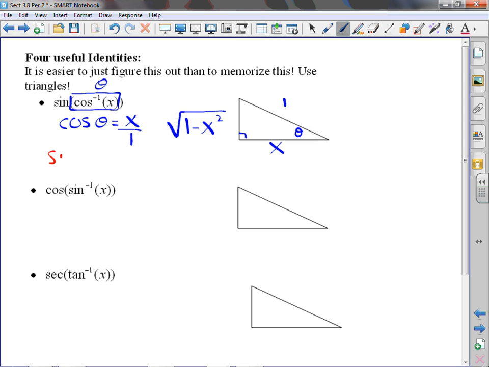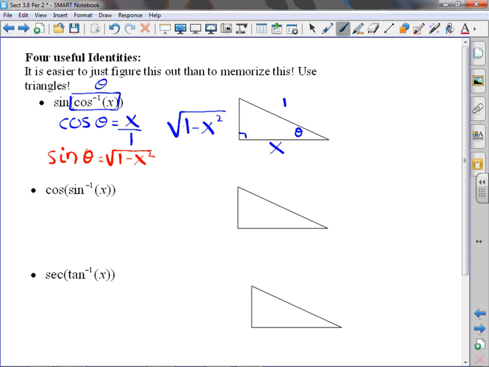So what's my sine of my angle? Yeah, it's the opposite over the hypotenuse, square root of 1 minus x squared. Kind of weird looking, but they're called identities. We'll just do it for practice. We're not going to memorize these.